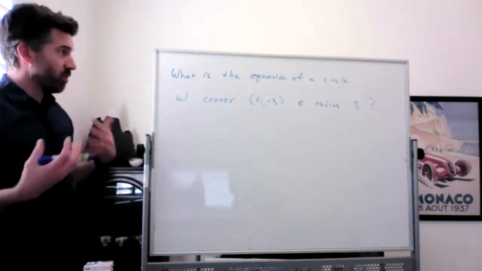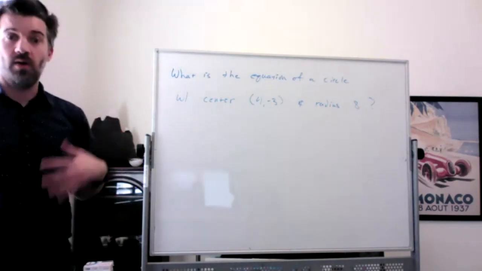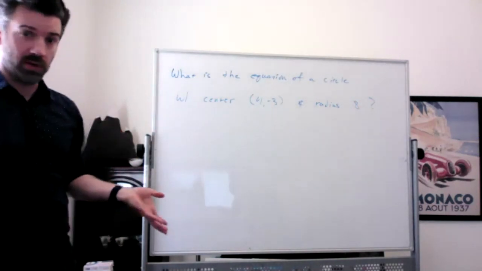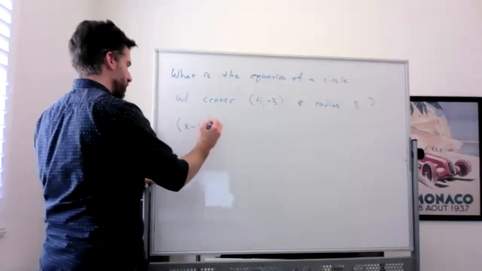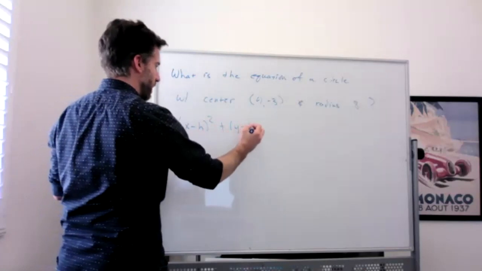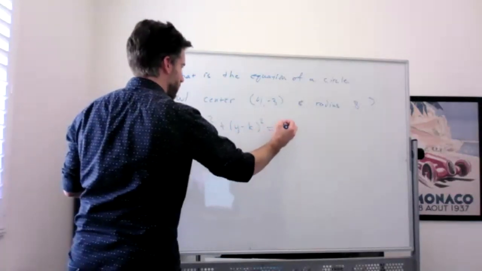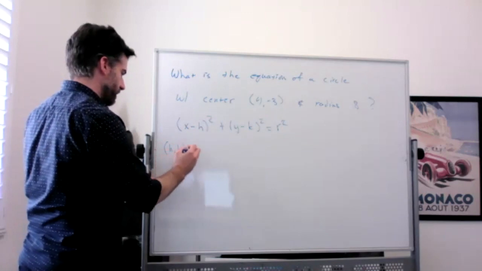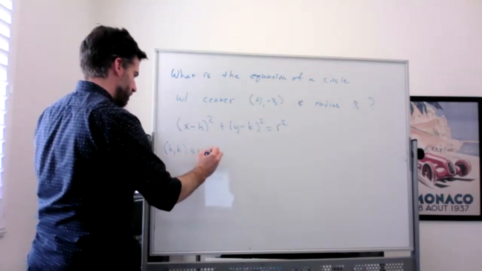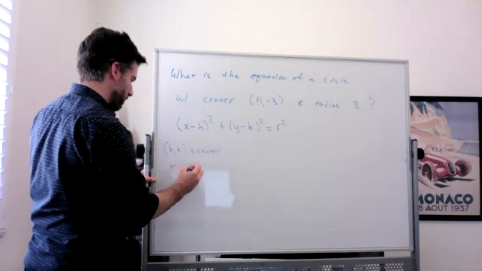So all I'm really going to do here is think about what the equation of a circle is. I know the general equation is x minus h squared plus y minus k squared equal to r squared, where h comma k is the center and r is the radius.